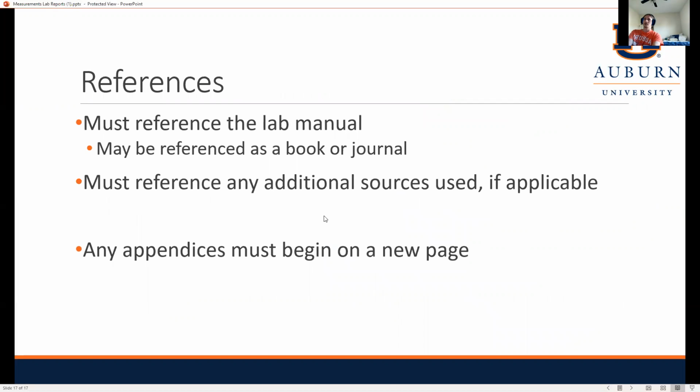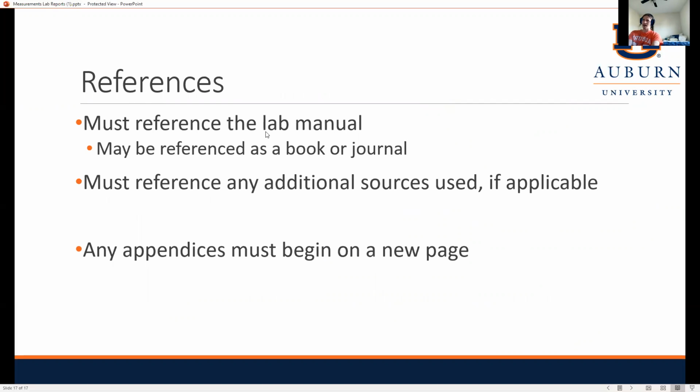The references section, do an actual reference. Don't just put a link to the lab manual. Don't just say the lab manual was used. I don't really care which style you use. If you want to use the APA, the MLA, use some actual reference style. Reference it as a book or a journal.